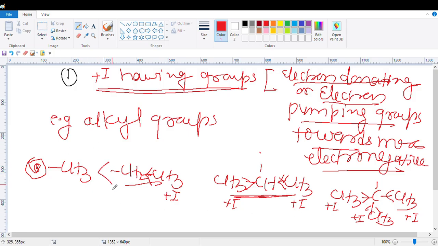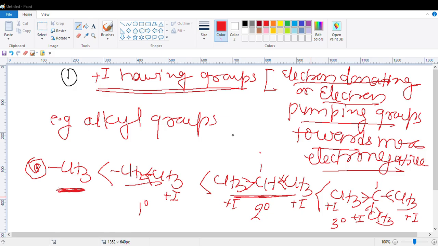So here methyl group has the least electron donating property, that is, it has the lowest plus I effect. Ethyl group we can also say 1 degree, isopropyl group we can also say 2 degree, and tertiary butyl group is 3 degree alkyl group. So that's why the tertiary alkyl group has the highest electron donating property to the more electronegative atom, means tertiary butyl group has the highest plus I effect, isn't it?